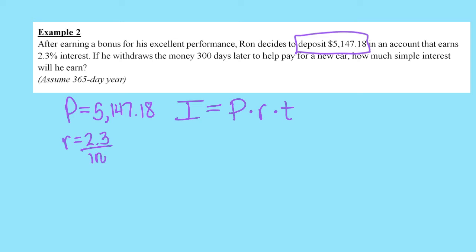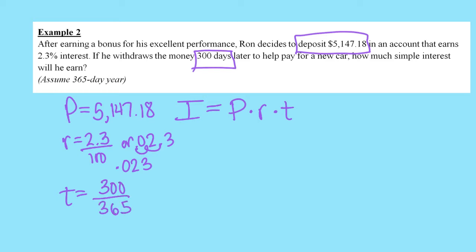So again, you could divide that by 100 or 2.3, move it over. We got to fill that in with a 0. So our rate would be 0.023. Time, let's see, how long did he have the money? 300 days. So we're talking about days. So he had it 300 out of the 365 for a year.